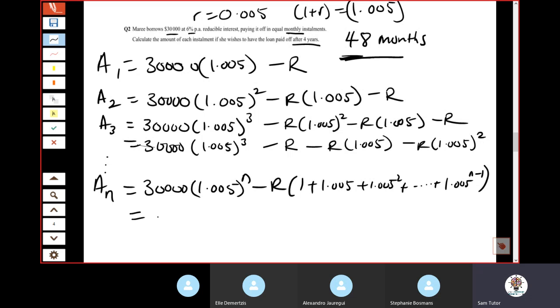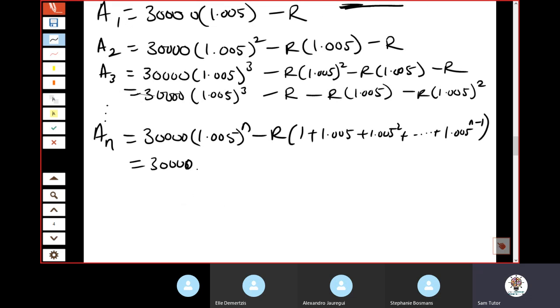Okay, let's keep going. Let's still deal with n's. What's your first term of your sequence? A1. R. And then how many terms do you have now? We have n minus 1.